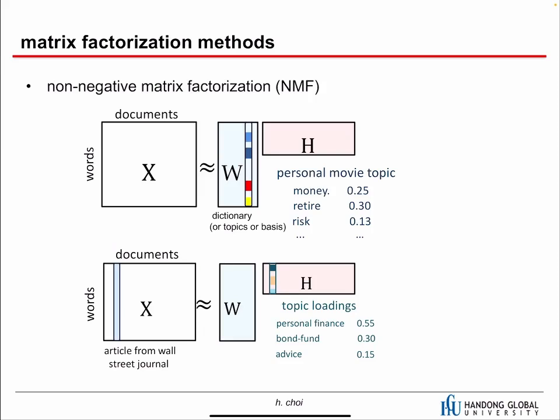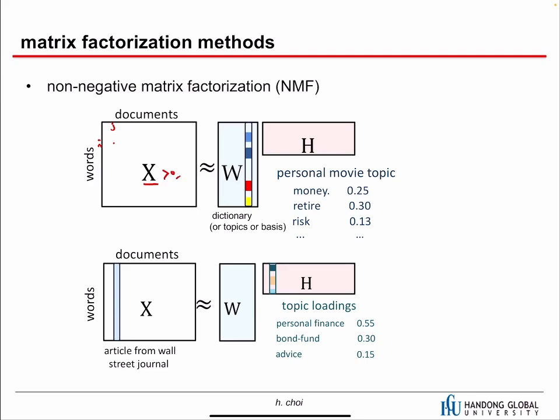Given a words and documents matrix X, each cell indicates the frequency of the ith word in the jth document. So we just count how many times we have the ith word in the jth document. All the numbers are positive here. That's why we could apply NMF.